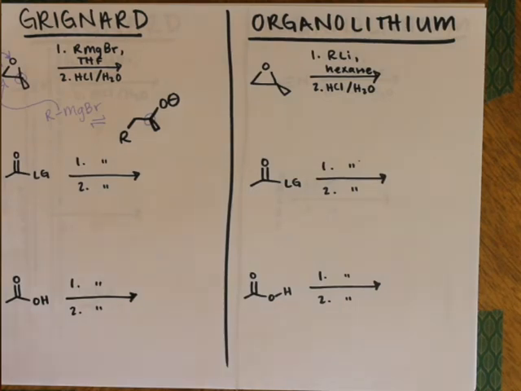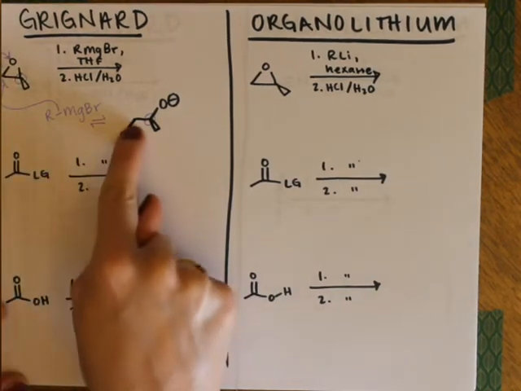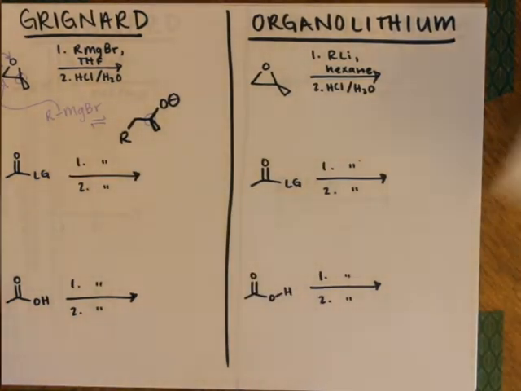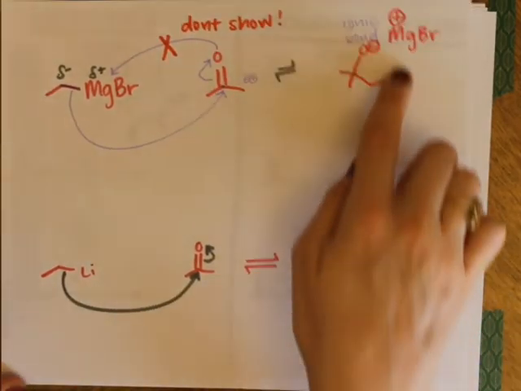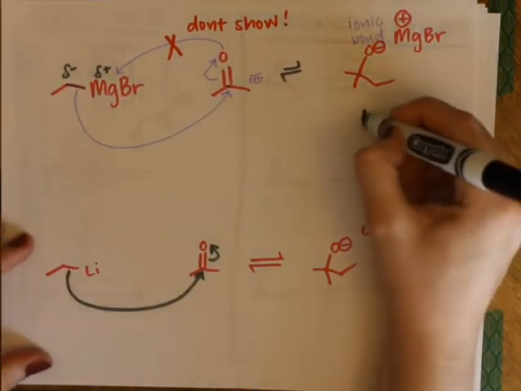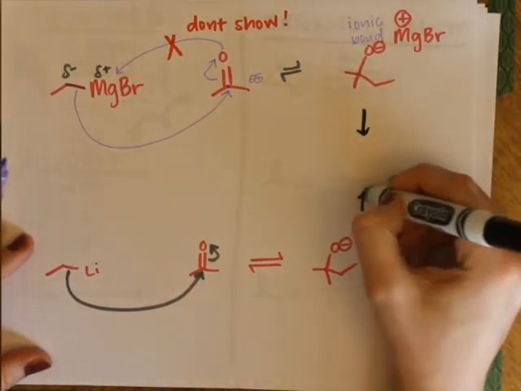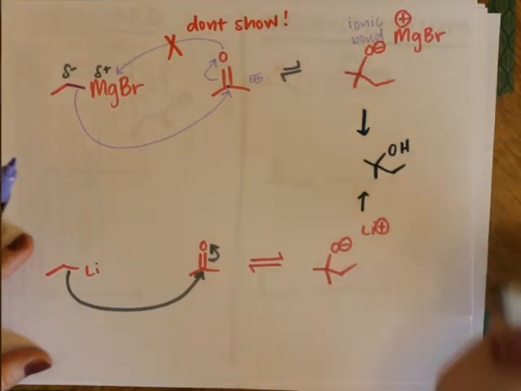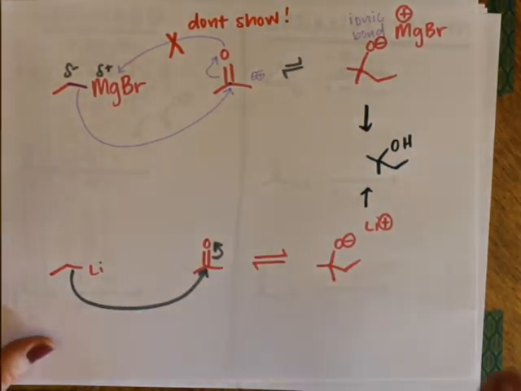Now, we're not done yet because I have to get through all of my first reaction before I can move on to my second reaction. What I left out over here is this is not our final product that we're probably looking for. Probably the product that we're looking for looks something like this. Probably an alcohol. We need to have an aqueous acid workup step in order to get there.